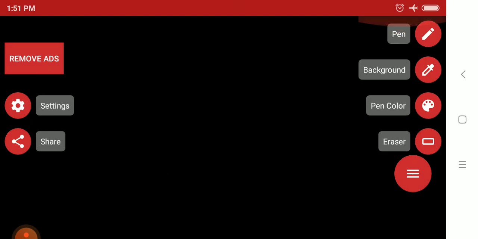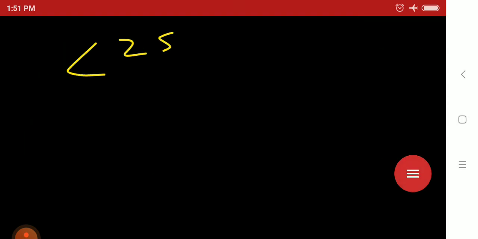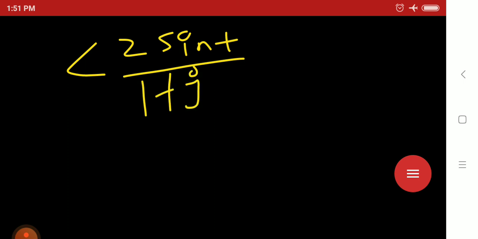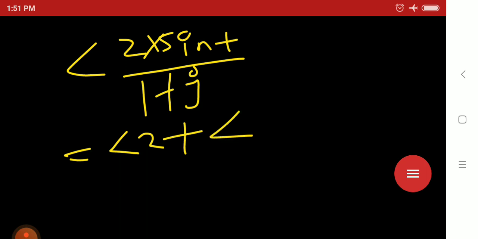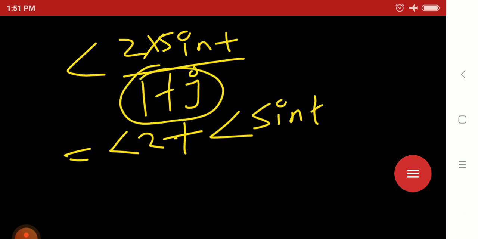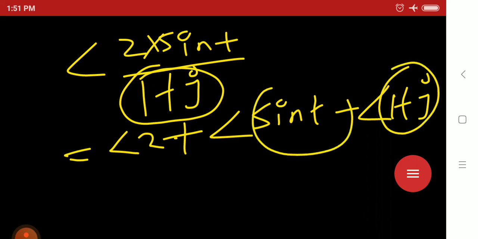That means angle of 2 sin t by 1 plus j, phase angle. So like logarithm you will break. That means it is in multiplication form. So like logarithm we will write in the plus form, angle of 2 and angle of sin t, and it is in divided form, so like logarithm we will write in the minus form. Same rule like logarithm, minus of angle of 1 plus j.